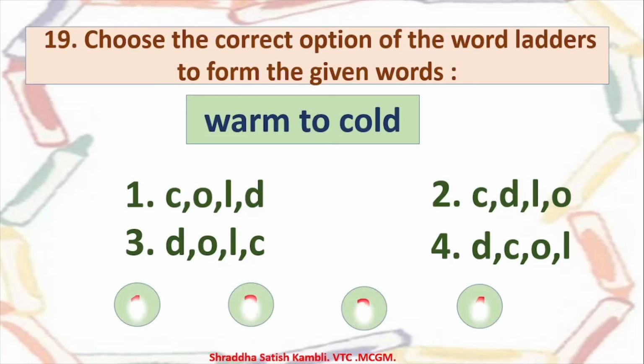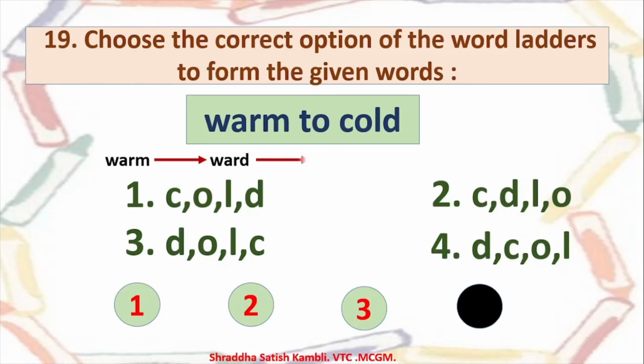So which will be the correct sequence? It will be the last one, DCOL. Let's see how. So WARM, warm, will become WARD, ward, which will become CARD, card, which will become CORD, cord, which will become COLD, cold.